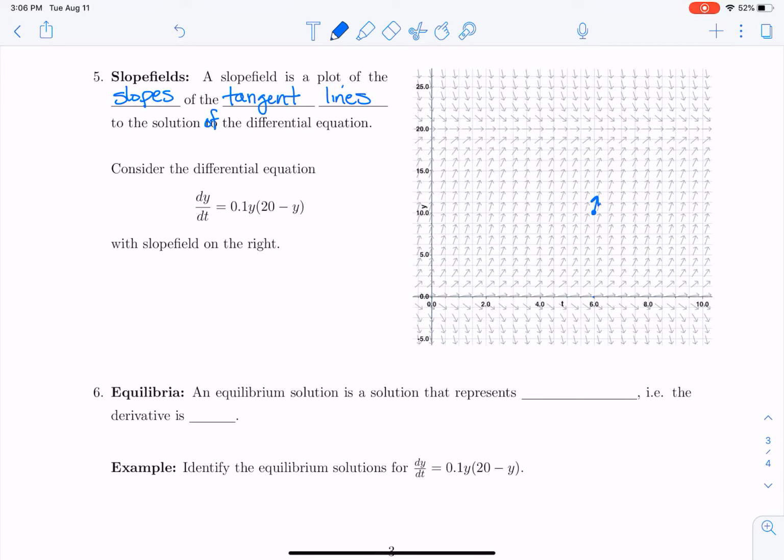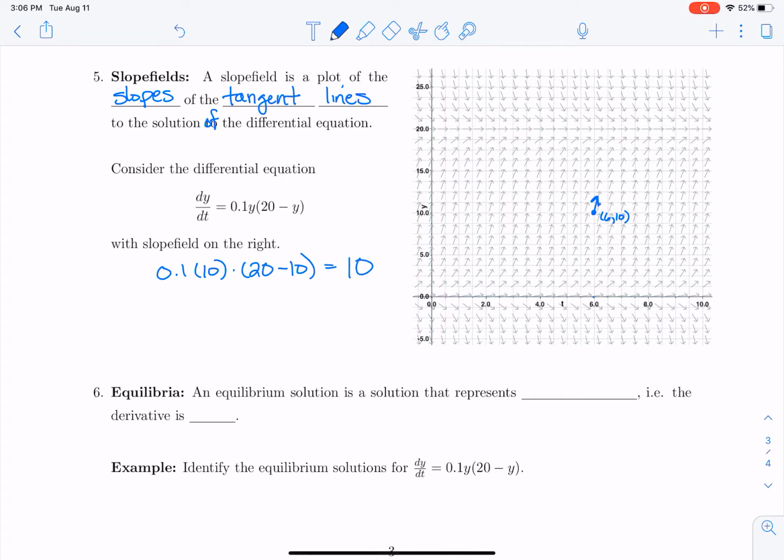Well, you plug in that point, 6, 10, to the right-hand side of the differential equation. So it's going to be 0.1 times y, which is 10, times 20 minus 10. 0.1 times 10 is 1, and 20 minus 10 is 10.